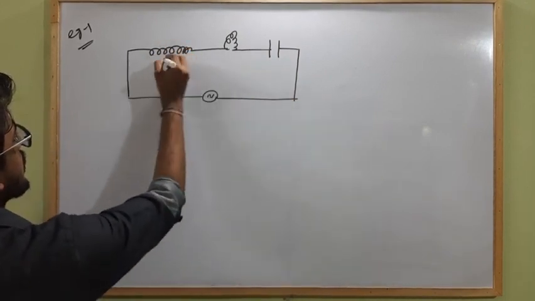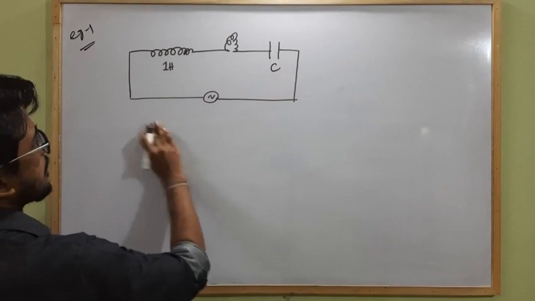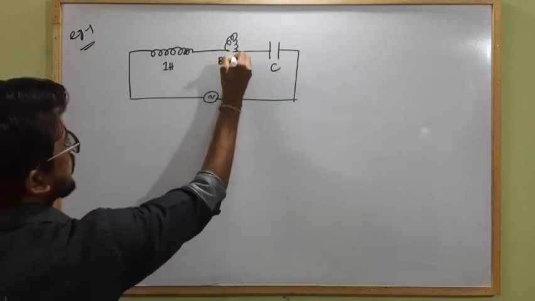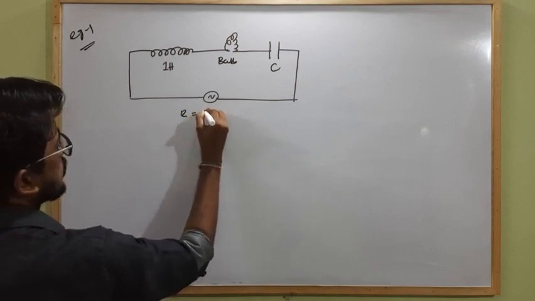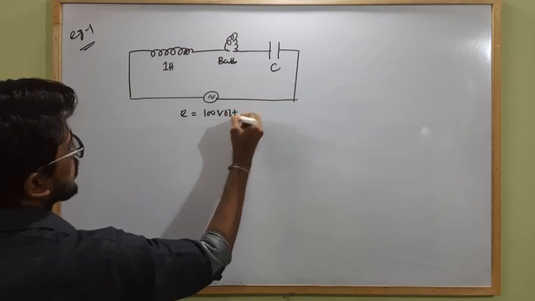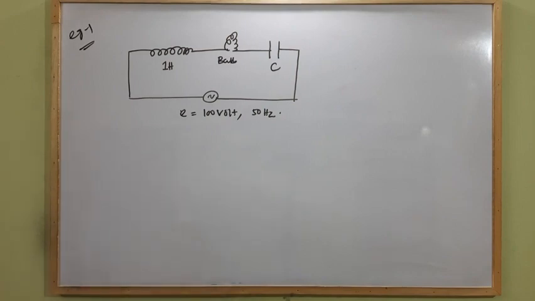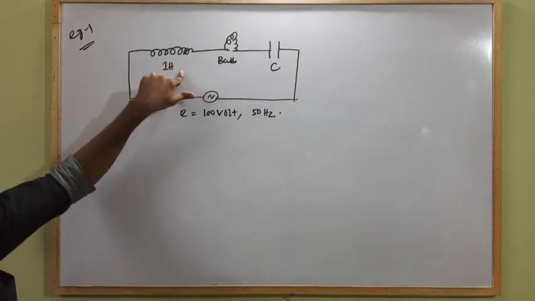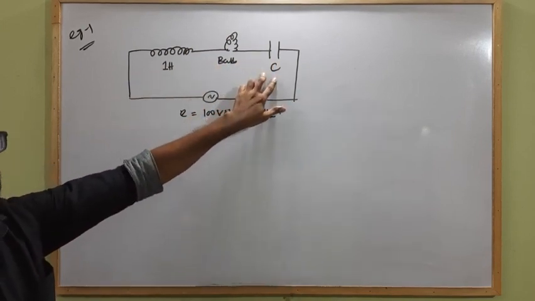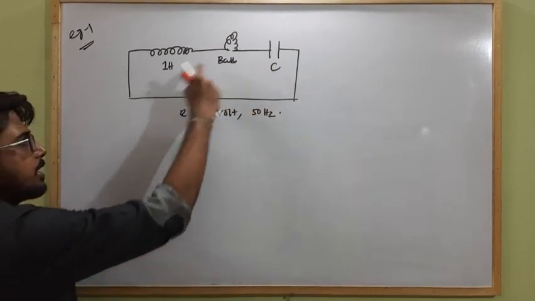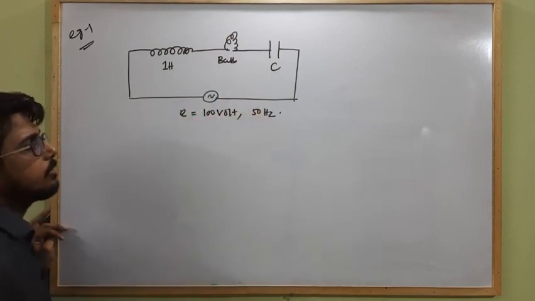Let the inductor be 1 Henry, and the capacitance of the capacitor be C. This is a bulb. The value of this will be E equal to 100 volt and 50 hertz. So it is a circuit containing an inductor of 1 Henry inductance, a bulb and a capacitor of capacitance C, which is connected in series across an alternating EMF of potential 100 volt and frequency 50 hertz.